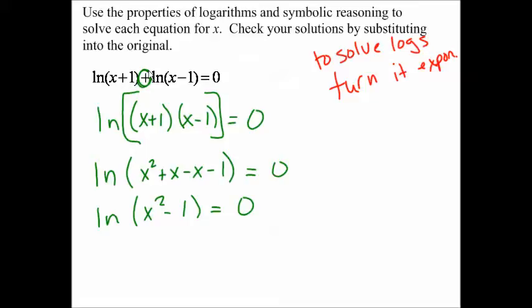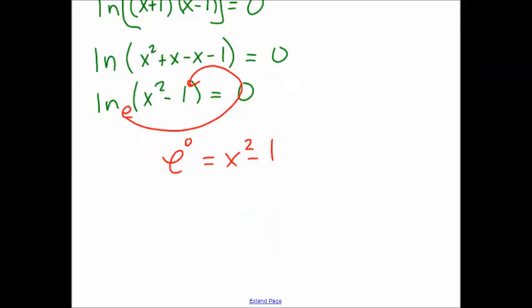So I need to see, okay, no base here, but I know since it's ln, my base is e, and then I just loop it. e to the 0 equals x squared minus 1. And I know e to the 0 is 1. And then I go ahead and add 1 to both sides, and I get 2 equals x squared.